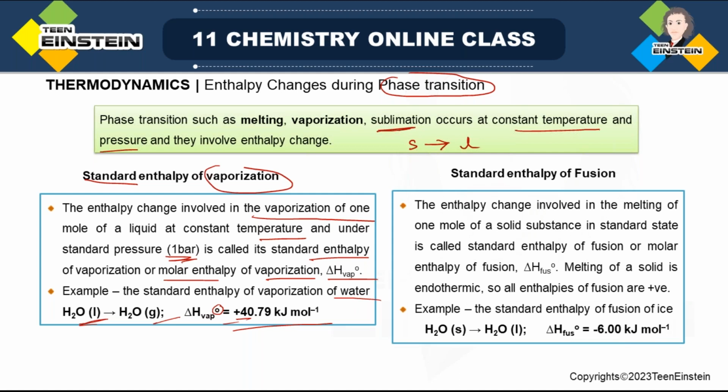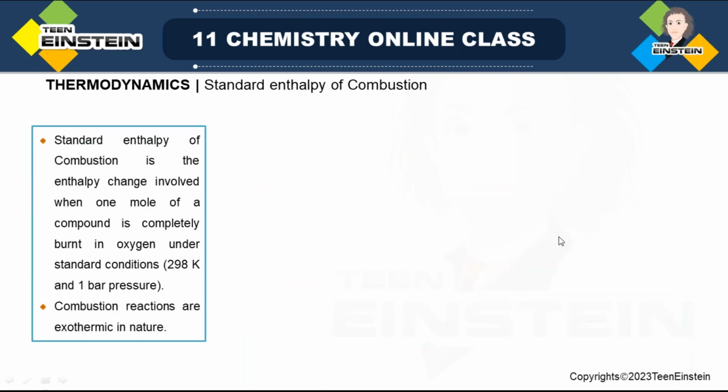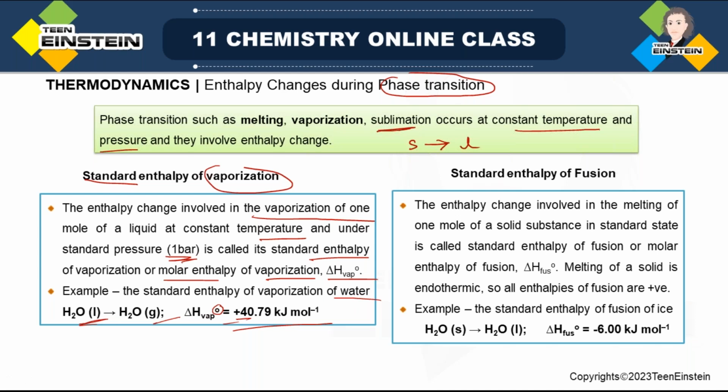Next process we will see is fusion. So vaporization, fusion, that is basically melting. The enthalpy change involved in the melting of 1 mole of solid substance, again in standard state. What is standard state? That is already mentioned. It is not written in detail. That is called standard enthalpy of fusion or molar enthalpy of fusion because it is only for 1 mole.